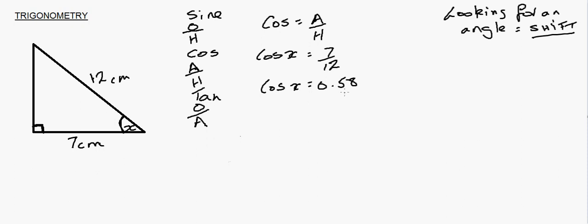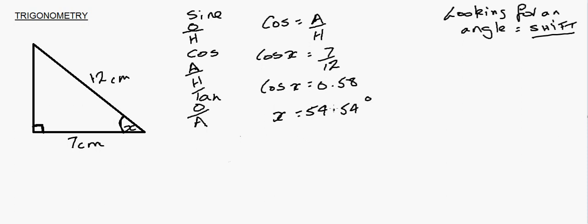So we know this can't be an angle, so to look for an angle we press shift. So x will equal, so we go to our calculator, we press shift, cos, 0.58 equals, and we get 54.54 degrees.